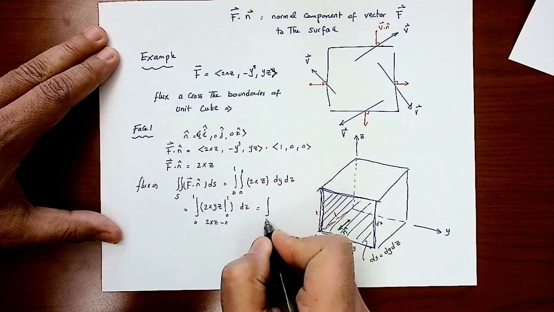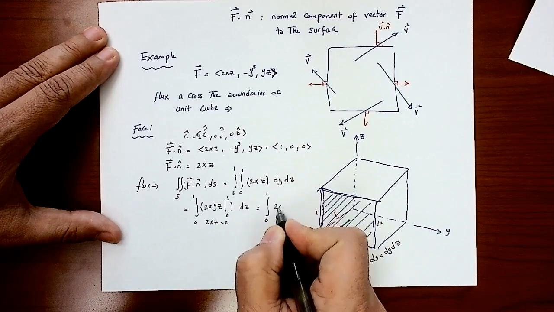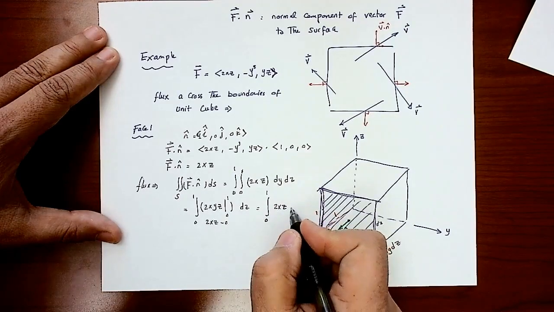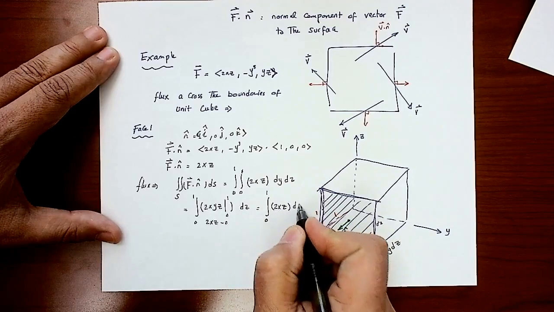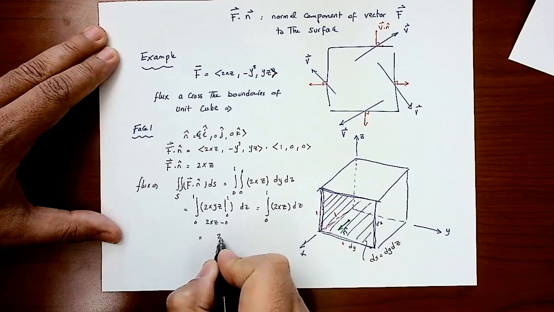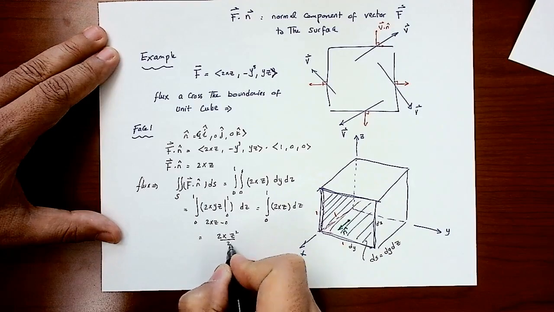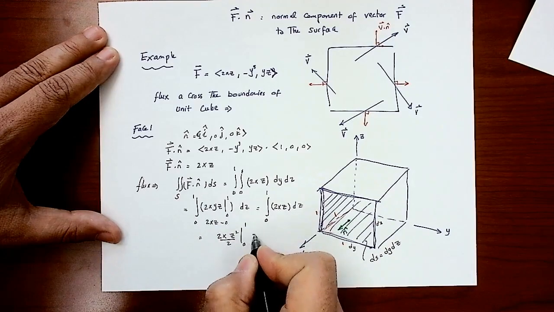So I'm going to integrate from 0 to 1, 2xz dz. So 2x is constant, and z is going to be z squared over 2, going from 0 to 1.